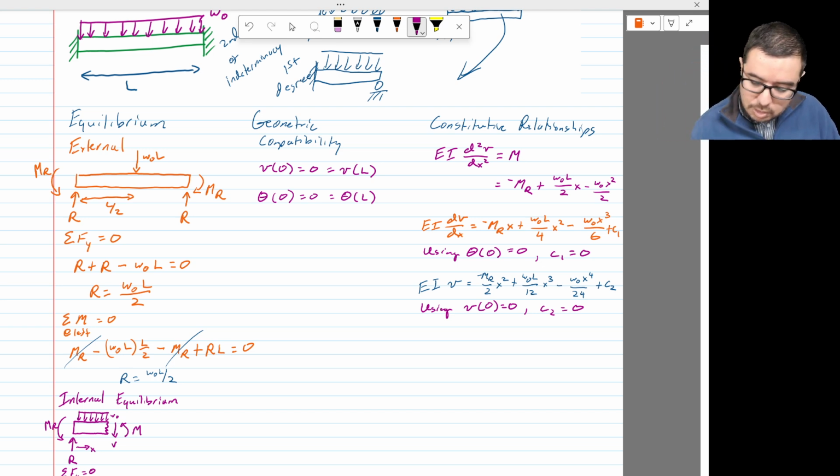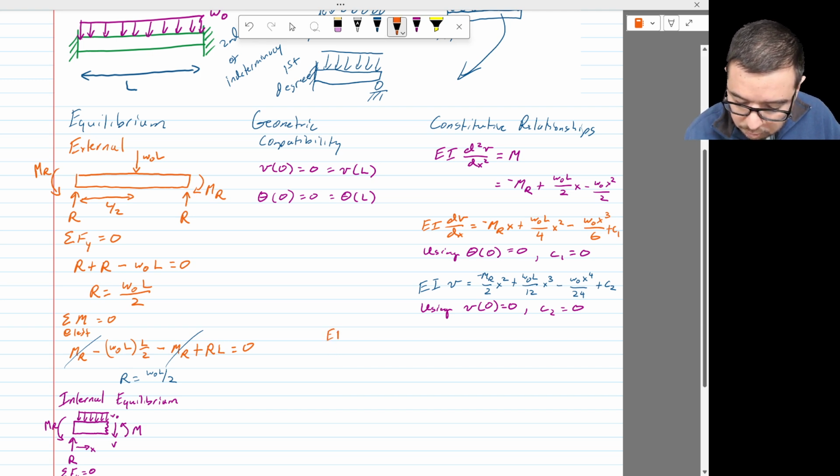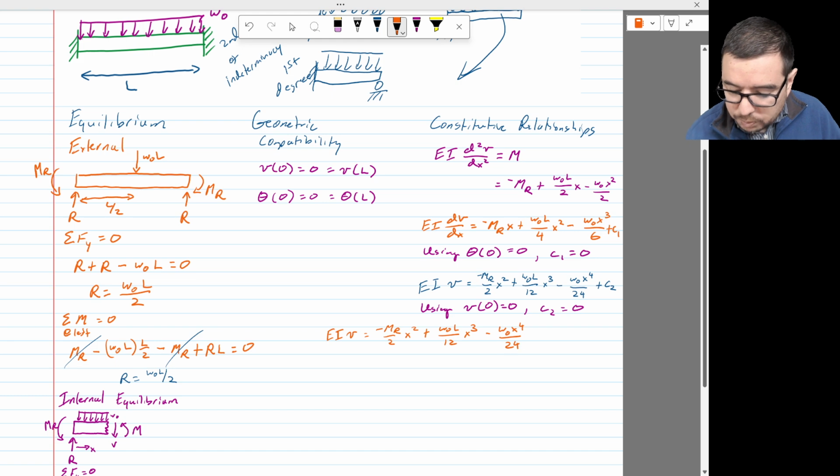We're still though, right? So now I've got an expression. So maybe I can bring it down. It's nice here that EI times the displacement is equal to minus MR over 2 x squared plus W naught L over 12 x cubed minus W naught x to the fourth over 24.